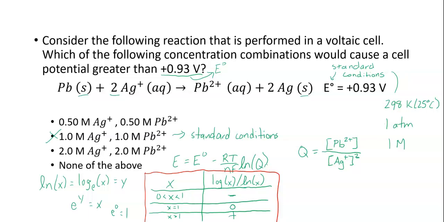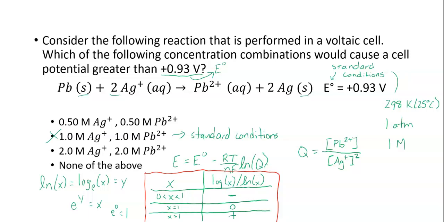So Q can never be negative because our concentrations always have to be positive. So Q can basically be any positive number. It can theoretically also be 0 if we have no products whatsoever. But generally speaking, it's not going to be 0.